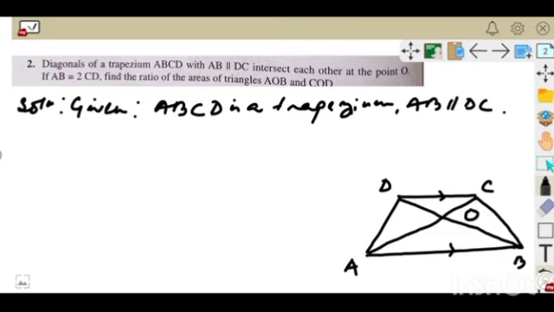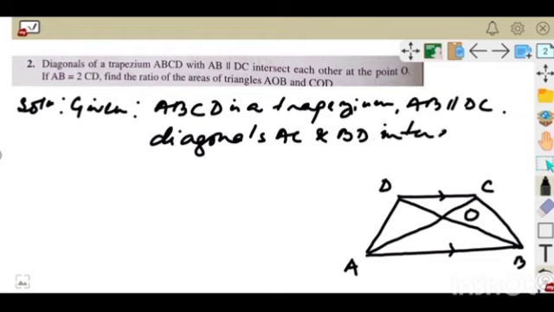Okay, then I'll write next diagonals AC and BD intersect where? Intersect at O. And at the last I'll write AB is 2 times of CD.